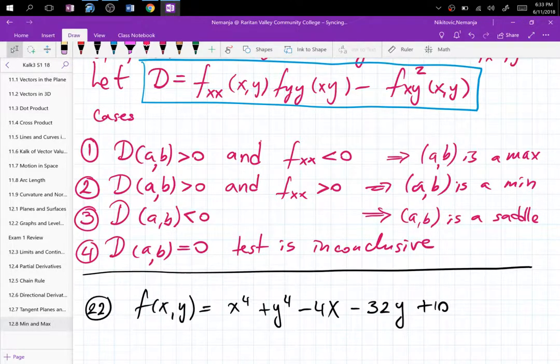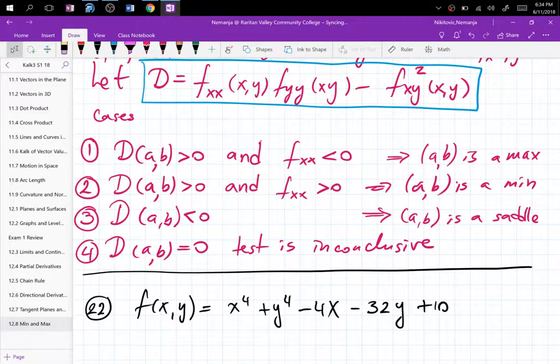So you are going to find critical points by setting the first partial derivatives equal to 0. Then you will find the second partial derivatives and compile the D formula.